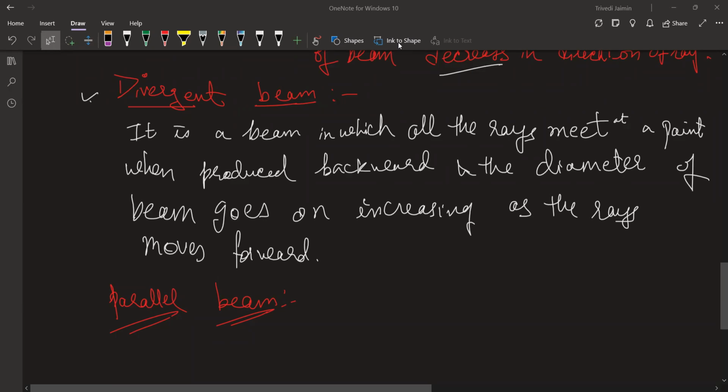Yes, they are parallel to each other. Correct, very good. Yes, Bhumika, the diameter remains the same and they do not meet at any point. Yes, correct.